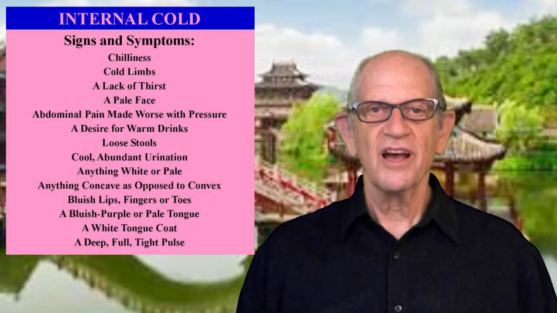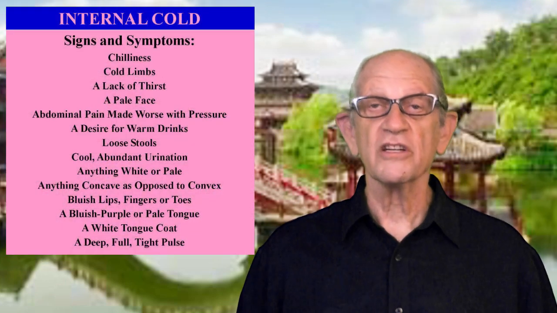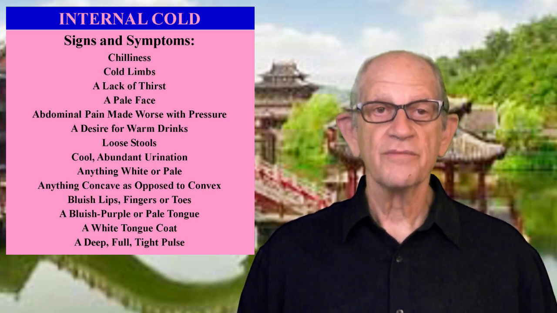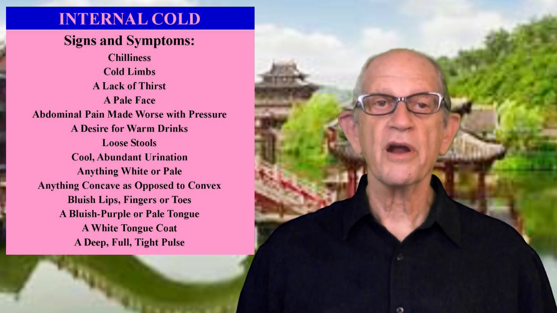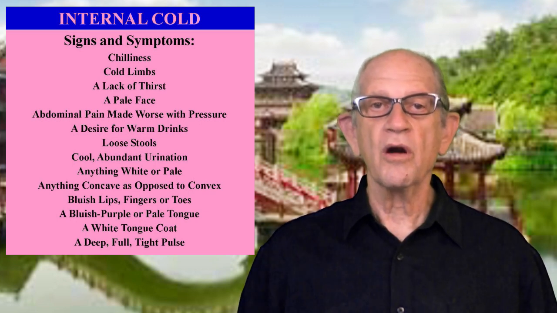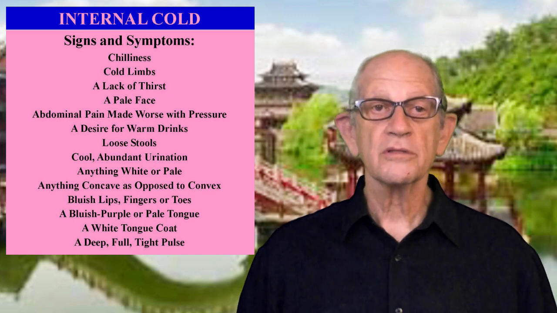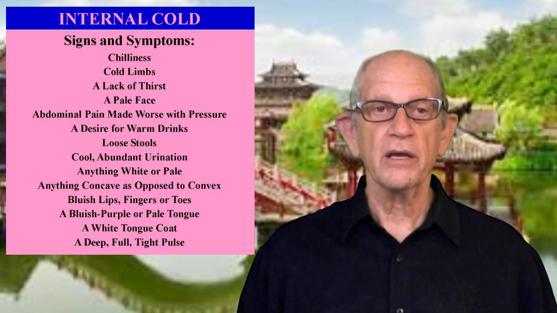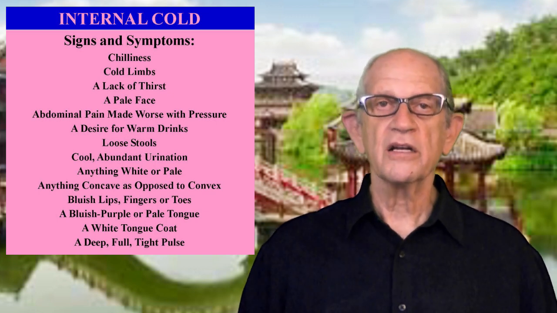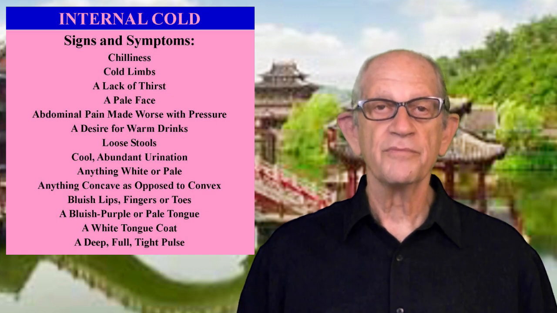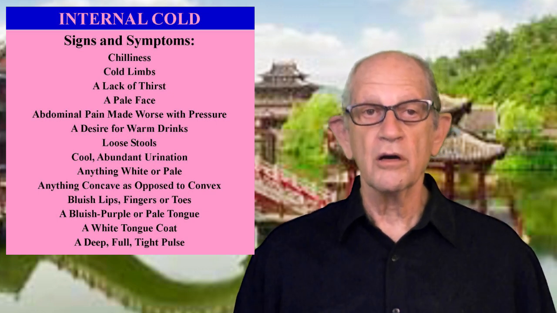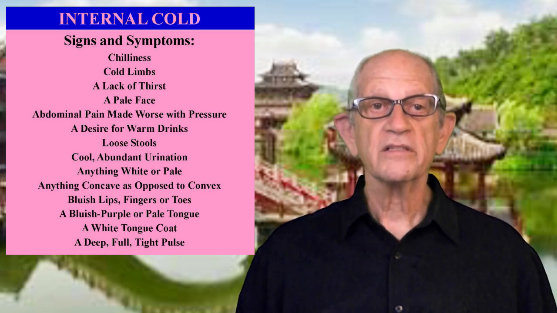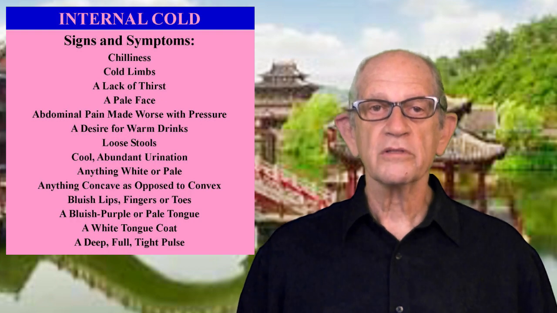The main symptoms of internal excess cold are chilliness, cold limbs, a lack of thirst, a pale face, abdominal pain made worse with pressure, a desire to drink warm liquids, loose stools, clear, abundant urination, anything that is white or pale, anything that is concave as opposed to convex, bluish lips, fingers, or toes, a bluish-purple tongue or a pale tongue, a white tongue coat, and a deep, full, tight pulse.